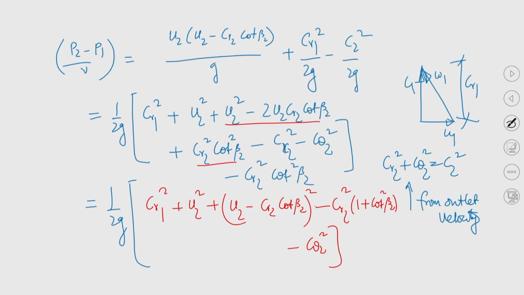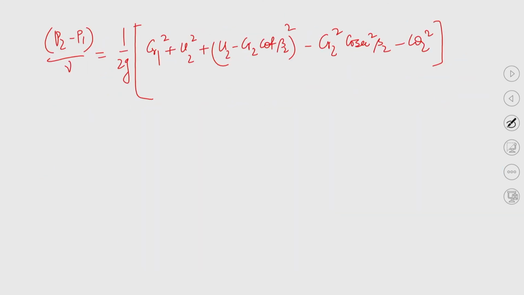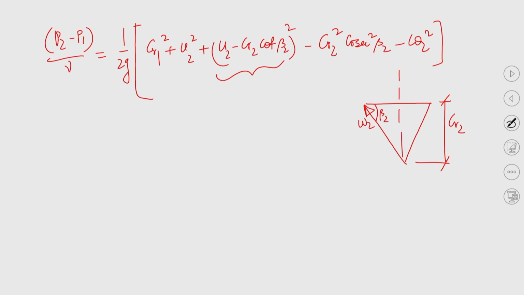So, if I just try to draw the velocity triangles at the outlet again, this is CR2, this is W2, this is beta 2, this is C theta 2, W theta 2, this is u2, this is C2.